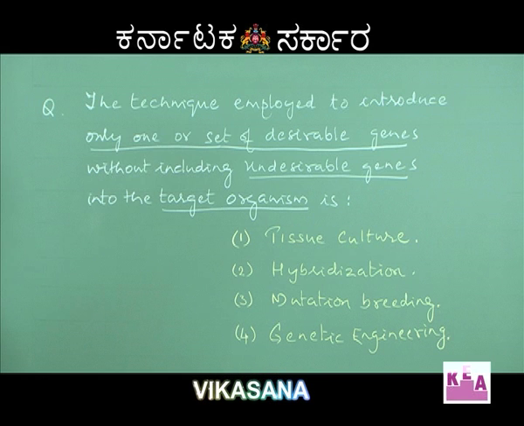So, carefully look here, the technique employed to introduce only one or a set of desirable genes, means very selective genes we want to put into the target organism, that is the organism of interest. What do we call this technique?